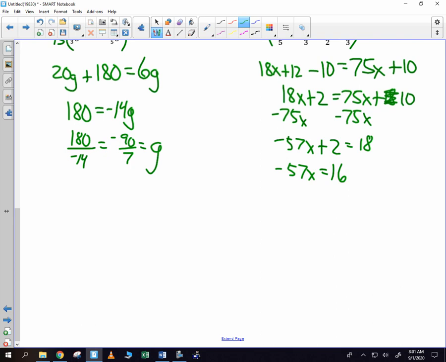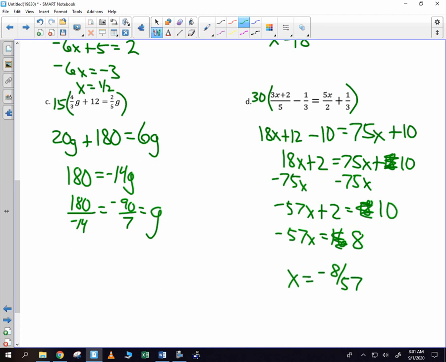Sorry, that was 10. And then we subtracted the 2 to get 8. Sorry about that, folks. So negative 57x is equal to 8, and x is equal to negative 8 over 57. There you have it.